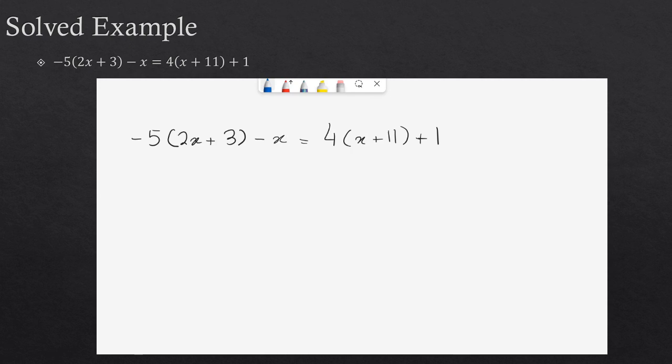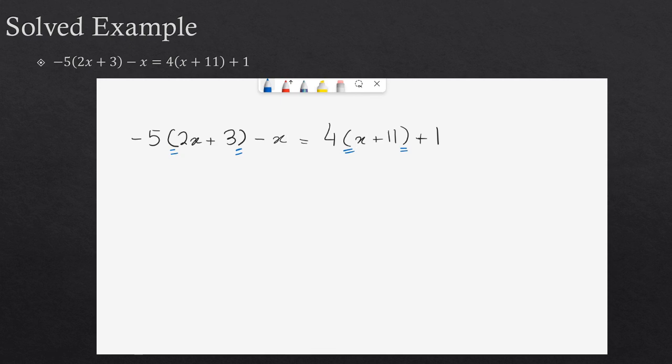First, we notice that there are two brackets. The first bracket is in the left hand side and the second bracket in the right hand side. What we have to do is to expand these brackets.